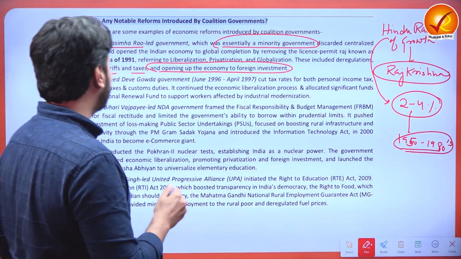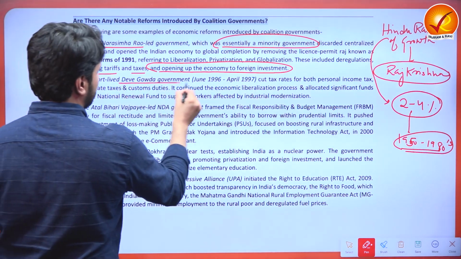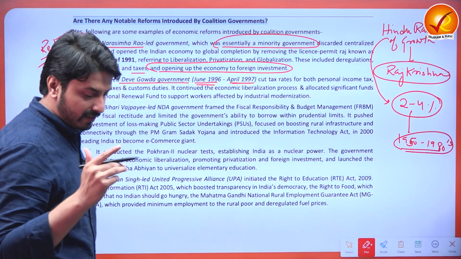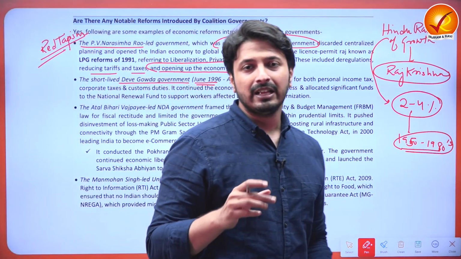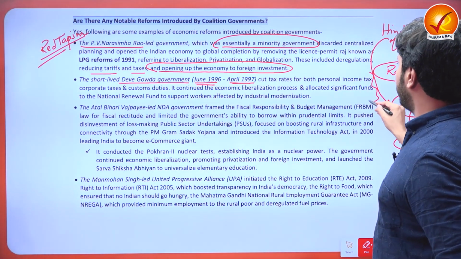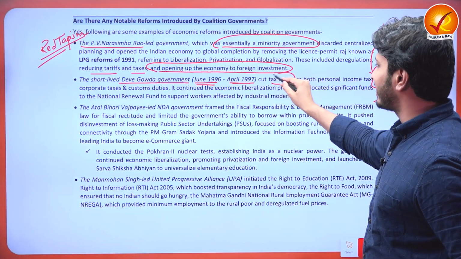Apart from it, although the Deve Gowda government, which ran from June 1996 to April 1997, was very short-lived, it was quite active with respect to the reduction of tax rates.